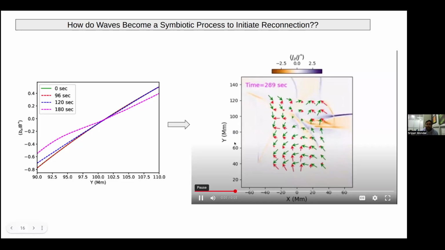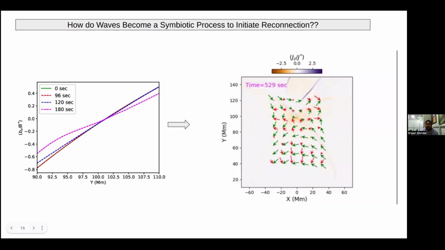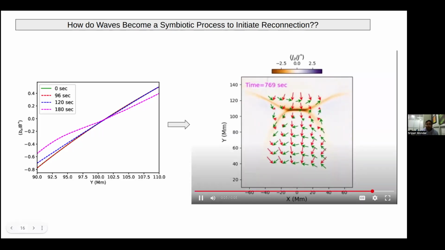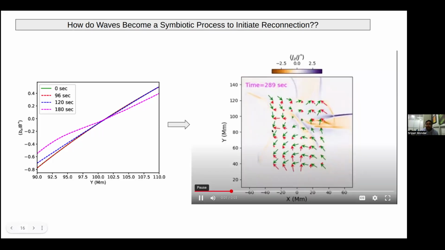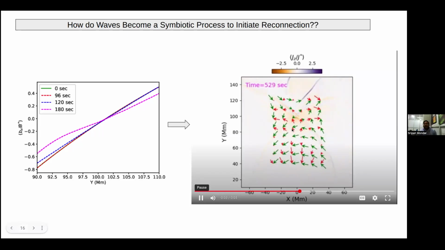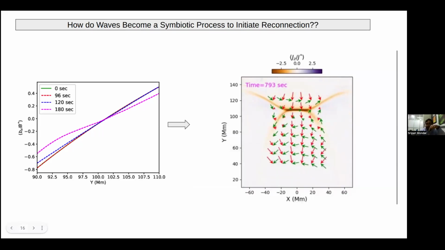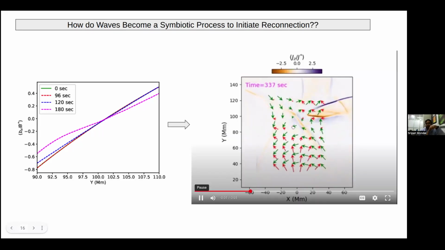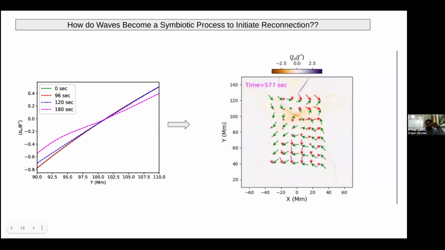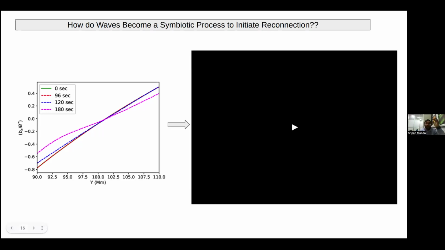You can see here the red arrows, which correspond to Lorentz forces. The perturbation in the magnetic field is such that the Lorentz forces act towards the magnetic null point to collapse it in the x direction, forming a horizontal current sheet. So this is what the wave can do to initiate the reconnection.